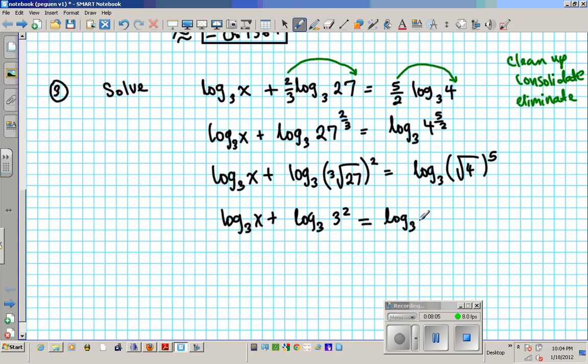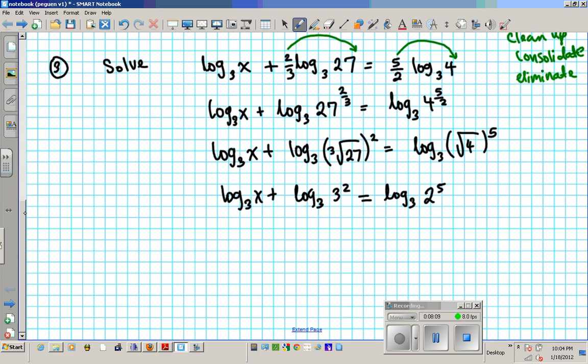What is the square root of 4? 2, to the 5th power. Further simplification, bring this down. Log base 3 of x plus log base 3 of 3 squared, which is 9, equals log base 3 of 2 to the 5th, which is 32. If you don't know these, you can use your calculator to expand that.